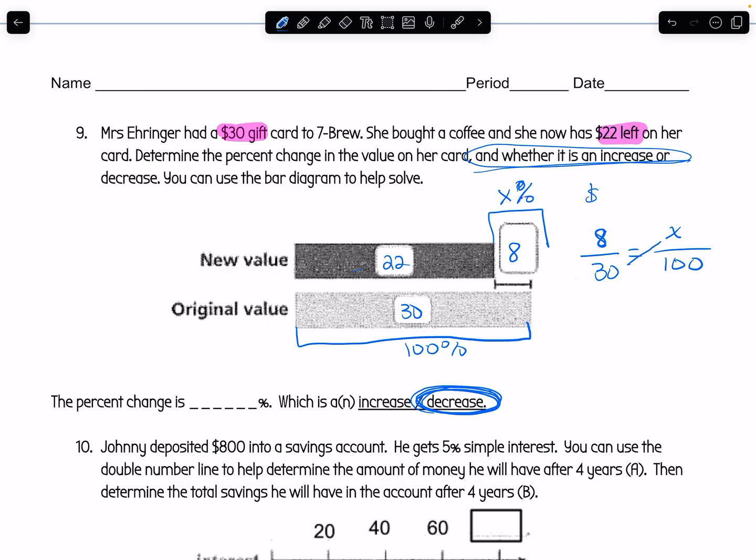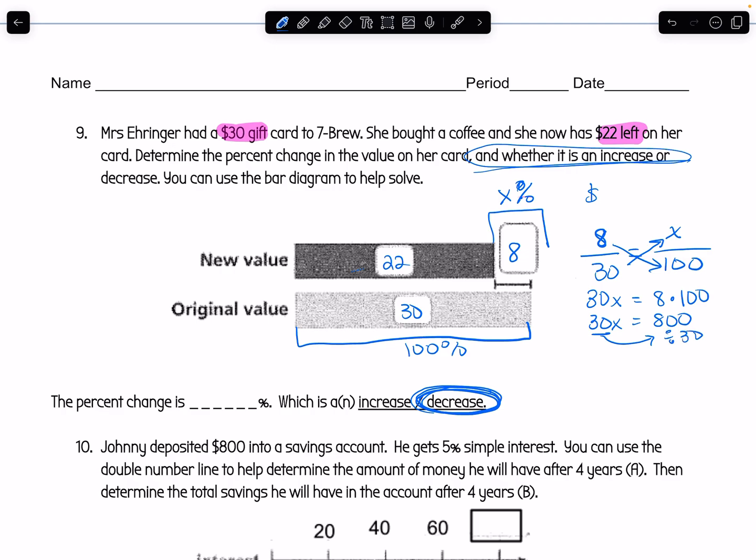So I'm just going to solve the way that I did. 30 times x goes on one side, 8 times 100 goes on the other. This is one of those where you need to know which one to divide by. I can't do anything with 30x, so bring it down. But I can do 8 times 100 and I get 800. Now that tells me what to divide.